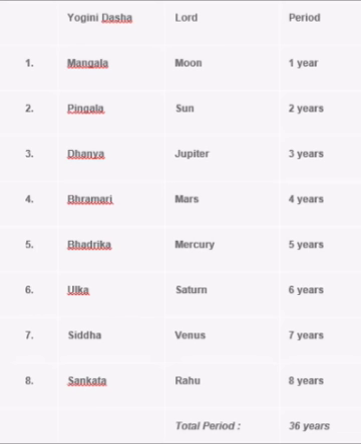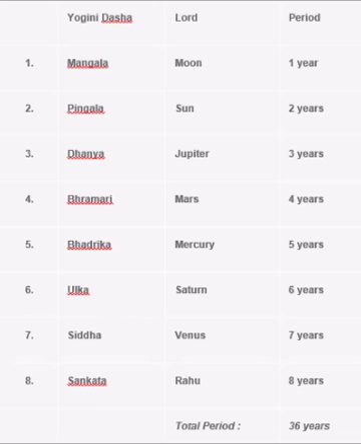Like I said, the most popular dasha system we follow is the Vimshottari Dasha system, which is based on the placement of the moon in the Nakshatra at the time of birth. So we'll see which Nakshatra the moon was placed in, and who is the ruling planet of that Nakshatra.